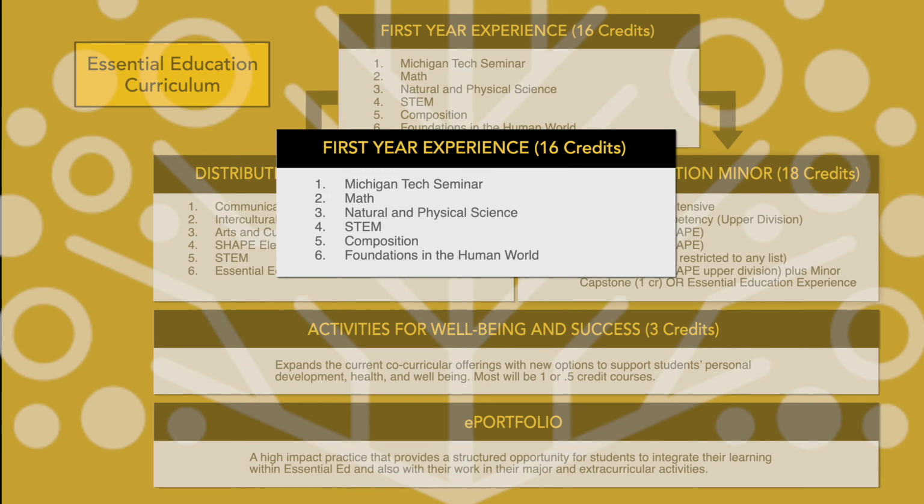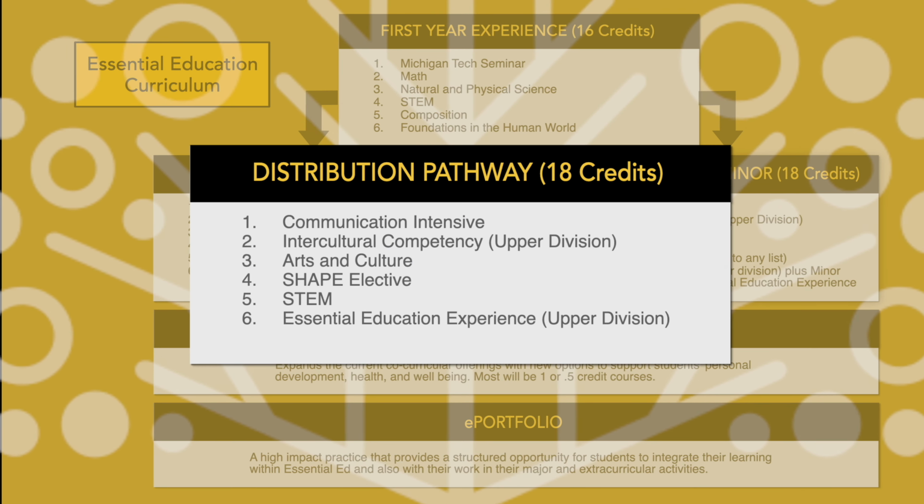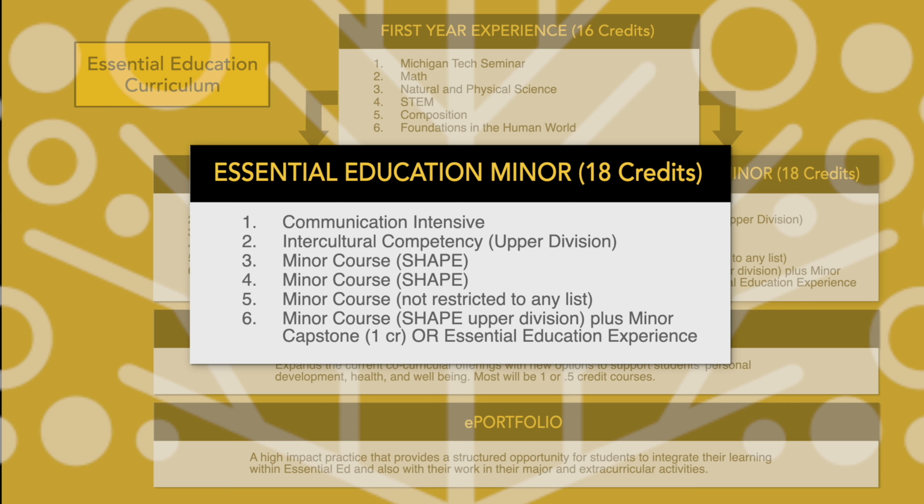Similarly, if you're a non-STEM major, you might be taking some courses through your major that satisfy requirements in the foundations of the human world or arts and culture and the shape list. So it's important to refer back to your degree audit and definitely have that conversation with your academic advisor to see what you need to focus on.